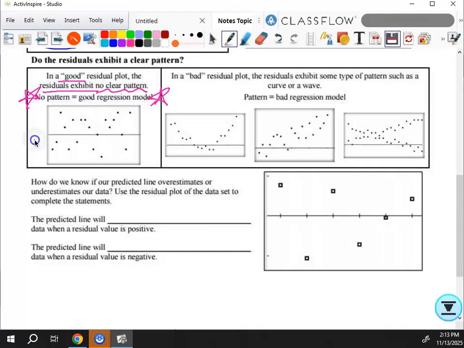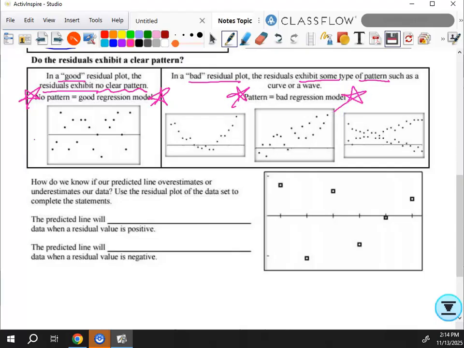When you look at this, it just looks like a random bunch of points, right? Like you look up at the stars at night and you just see a bunch of stars in the sky. You don't go, hey, that looks like the Big Dipper, and you see some sort of pattern, right? You just see random stars in the sky. In a bad residual plot, the residuals exhibit some type of pattern, such as a curve or a wave. Pattern equals bad regression model.